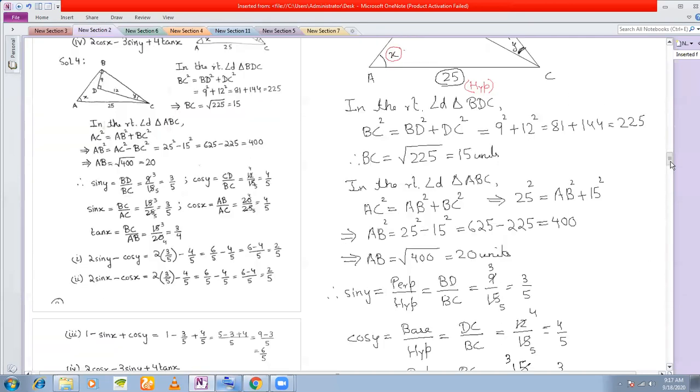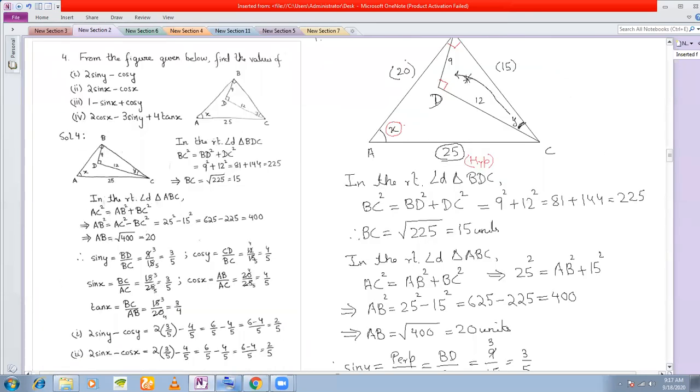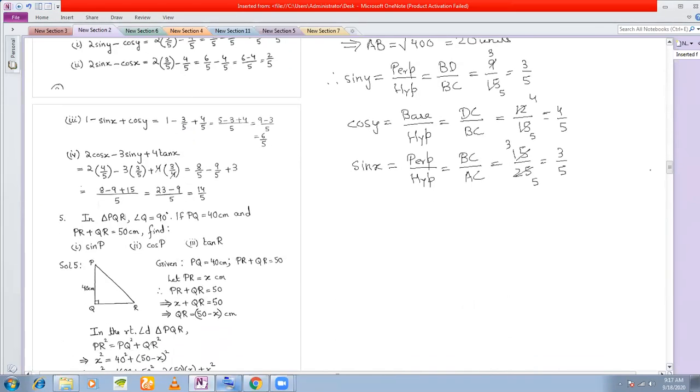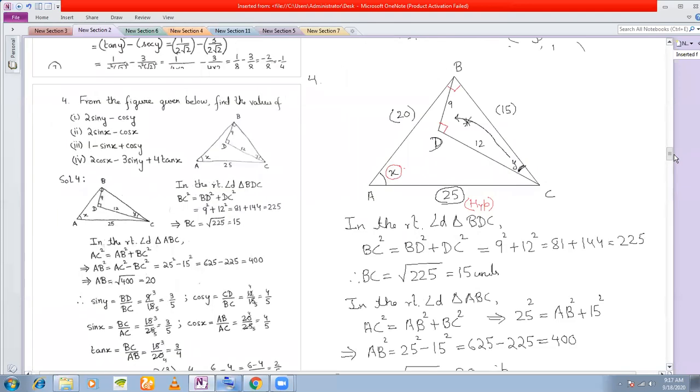Now you proceed to find out cos x. Cos x, you know, is base by hypotenuse. In the bigger triangle, my base here is AB.